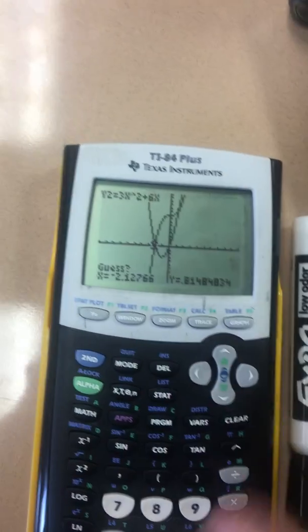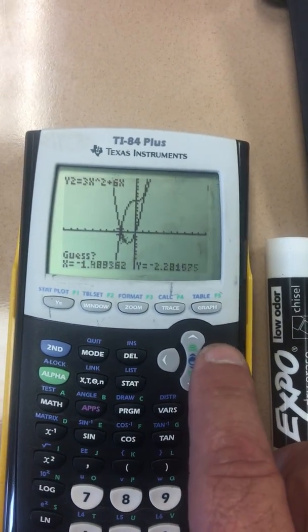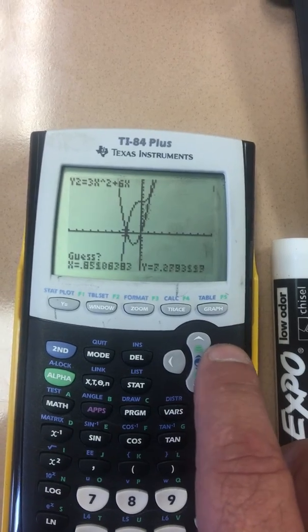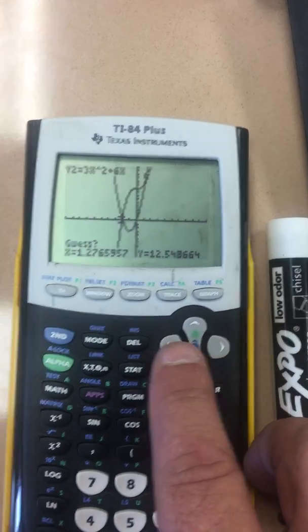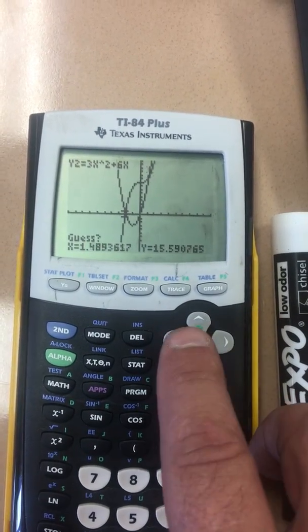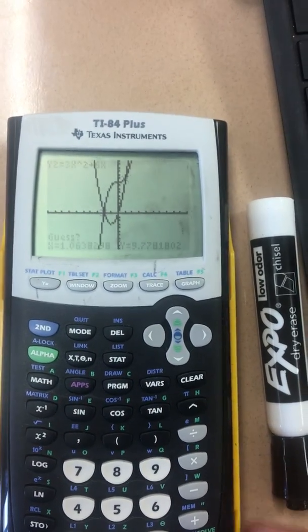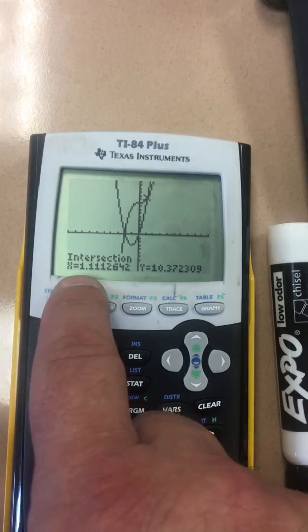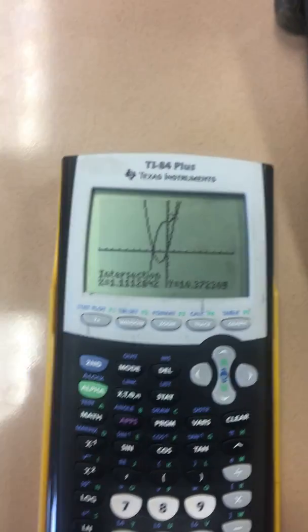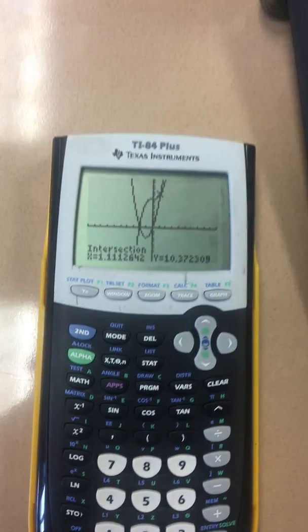We need it over there. So I'm going to toggle to the right so it moves to the right on the graph. And I'm going to just get it close on there. It's like, Mr. Trapp, I can't get it perfect. That's okay. Just get it close, hit enter, and I've got 1.11. So this one intersects in 2 places, and it has 2 answers.